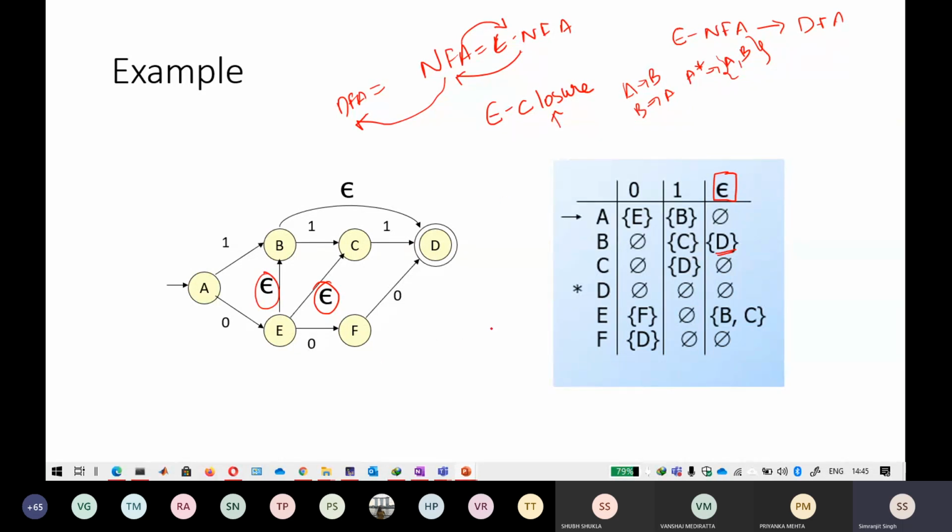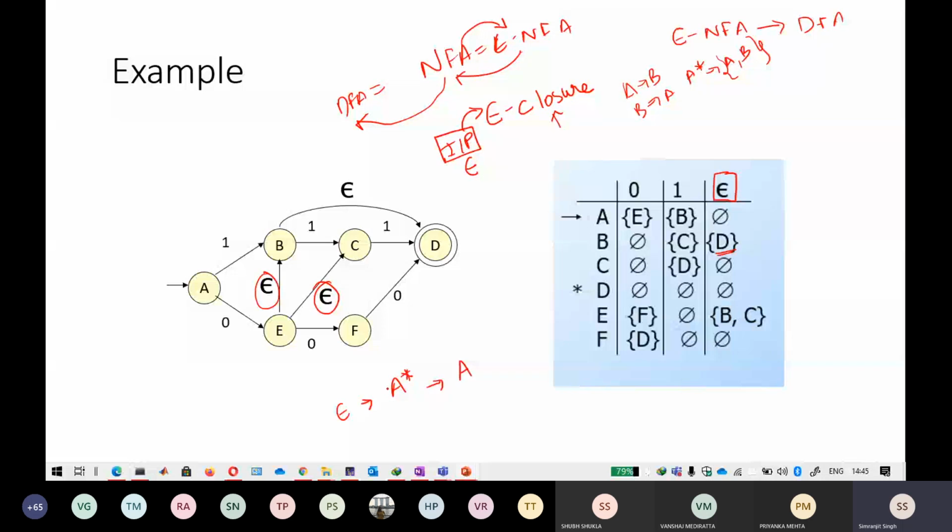Okay, so epsilon closure means: on getting an input of epsilon, which states can you reach. So if I say epsilon closure of A, it is not going anywhere, so in the set, A will always be included.